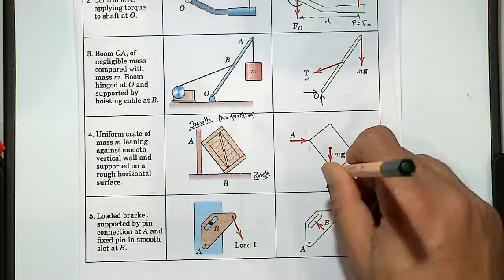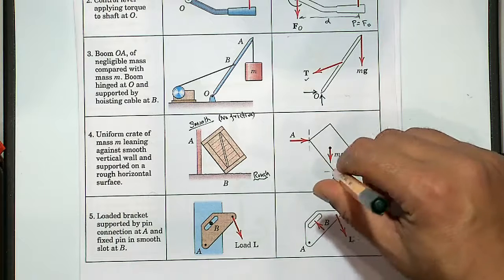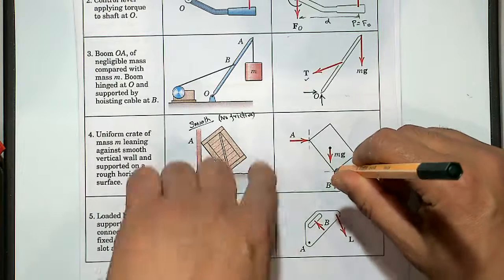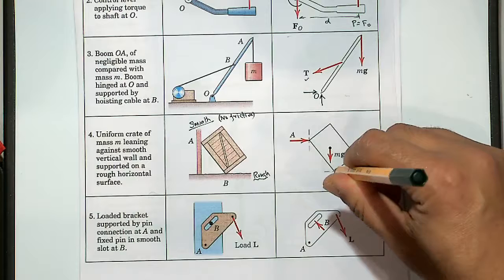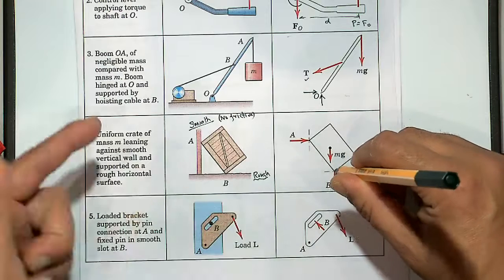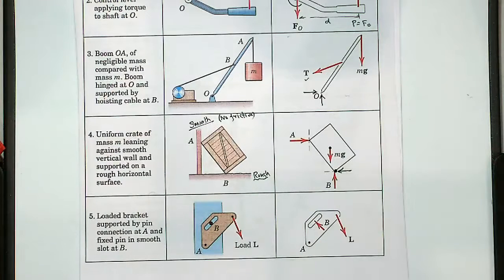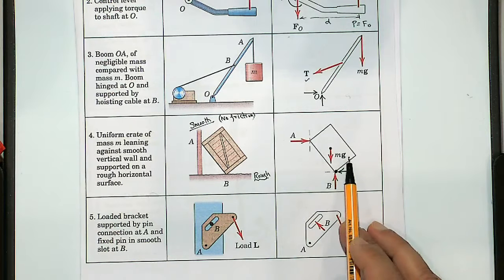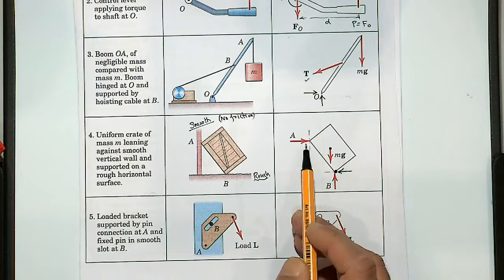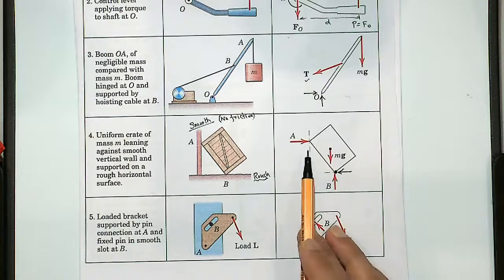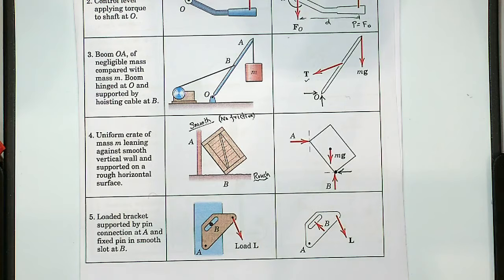If you take moments about this point, then mg will create an anti-clockwise moment, whereas force A will create a clockwise moment about this point. So there is a possibility of balancing each other. If mg was on this side, that would not be the case, and you would be looking at different forces. So that could be 0 or otherwise, which means it will probably topple. So it is not stable.